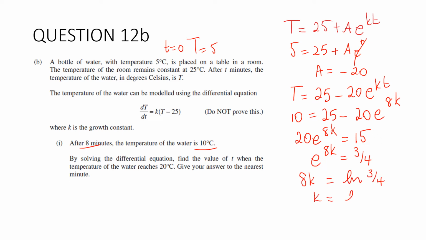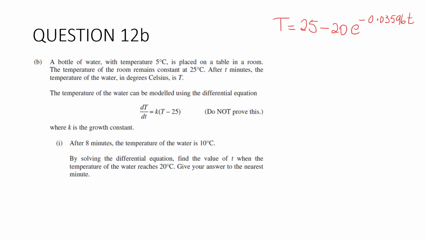K is equal to ln 3/4 divided by 8, which is ln 0.75 divided by 8, which is negative 0.03596. So now let's answer the question.